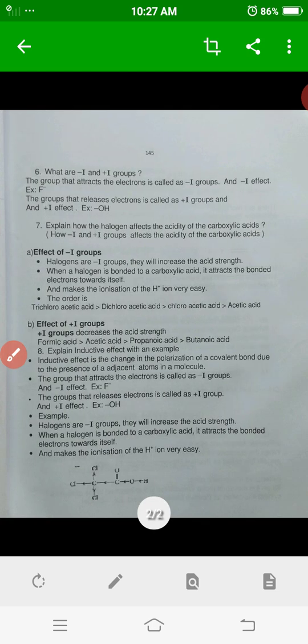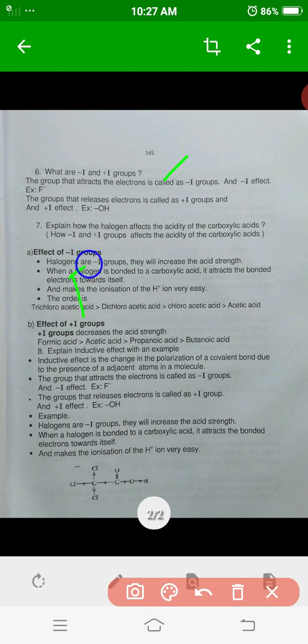And next, students, the positive I and negative I inductive effect, also very important questions. A group that attracts electrons shows the negative I effect. Example: fluorine, chlorine, bromine and iodine, which gain an electron in the outermost shell, show the negative inductive effect.